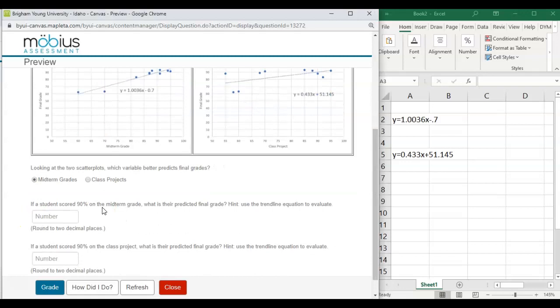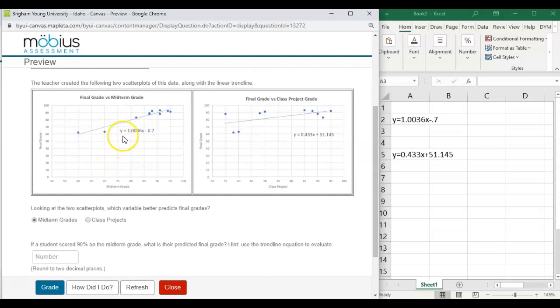The next question, if a student scored 90% on the midterm grade, what is their predicted final grade? Hint, use the trend line equation to evaluate. So on the left-hand side, because we're working with the midterm grade, we have our trend line here, 1.0036x minus 0.7.